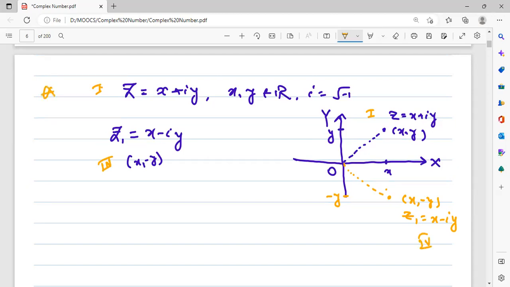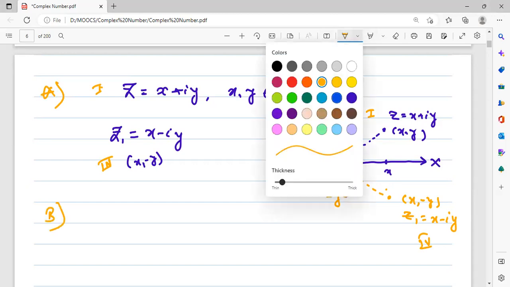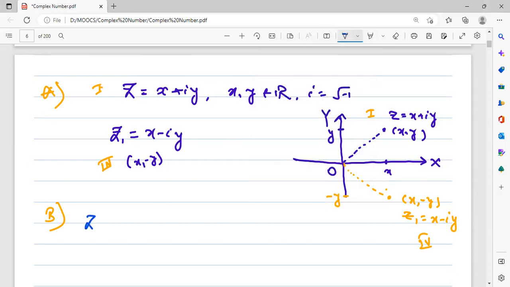Or I will take another example. If my complex number z2 is equal to minus x plus iy, and z3 is equal to minus x minus iy, what am I doing here?